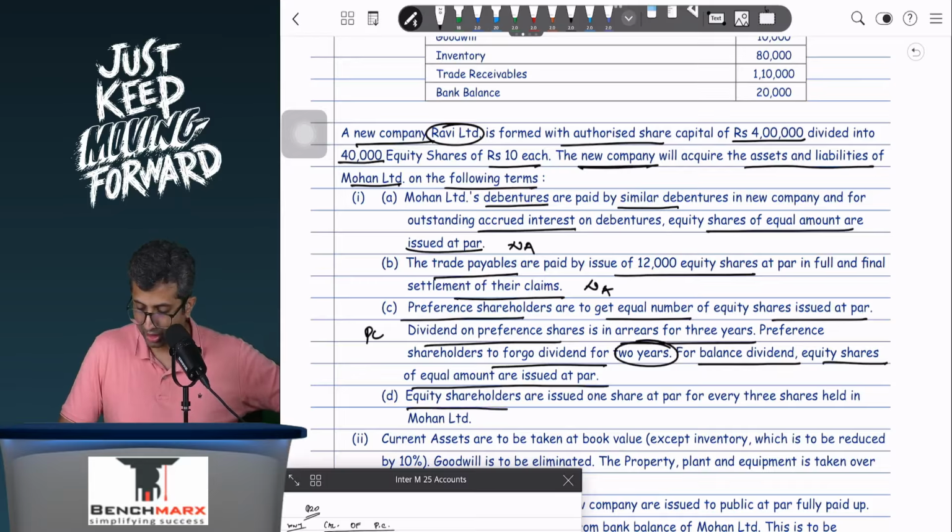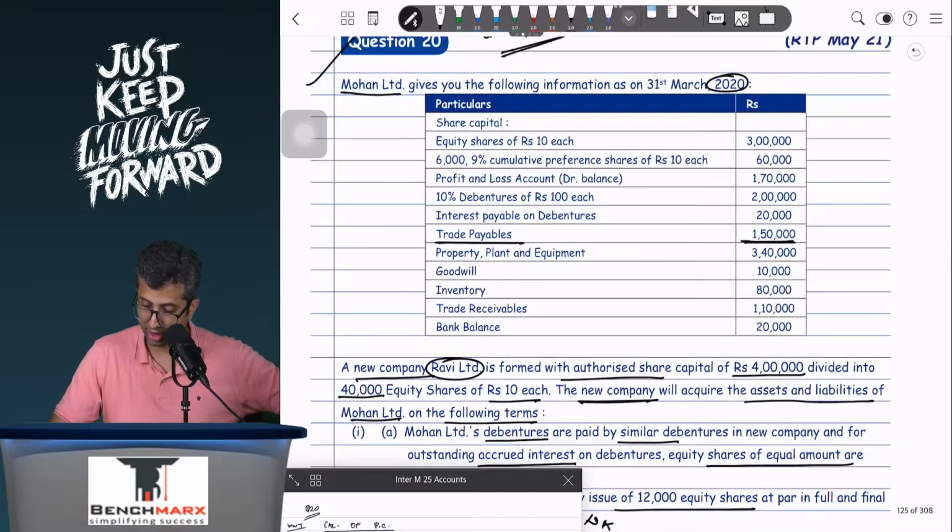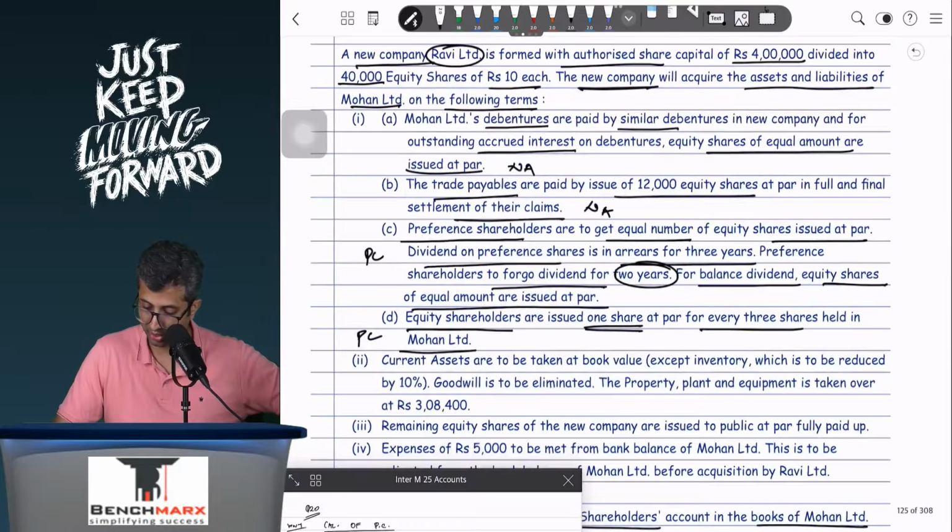And equity shareholders are issued 1 equity share at par for every 3 shares held in Mohan. This will also be a part of my PC. So if I look at equity shares, there are I think 30,000 equity shares. So 30,000 equity shares, you have been given the number 1 for every 3. And hence this will be 10,000 shares unless given otherwise at rupees 10, and hence this will be 3 lakhs.